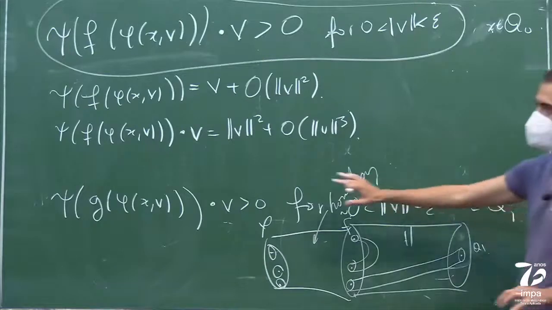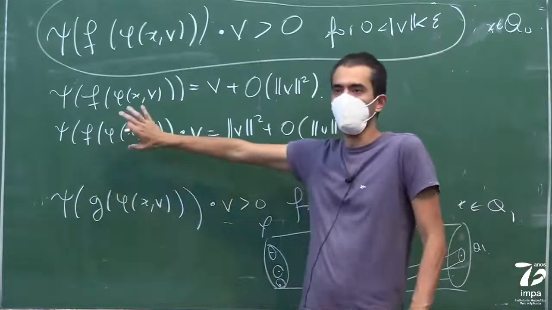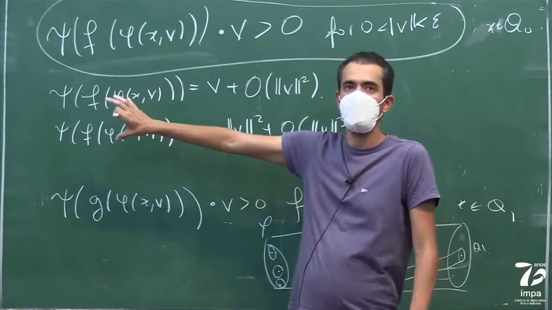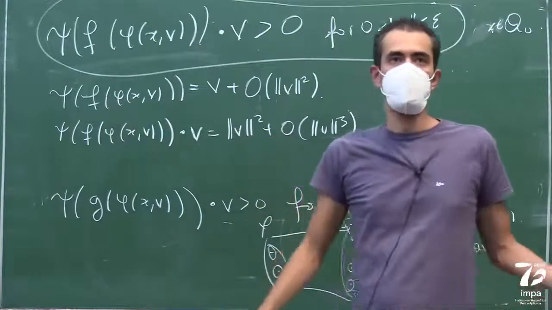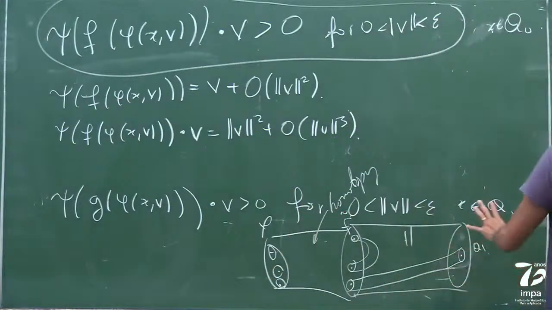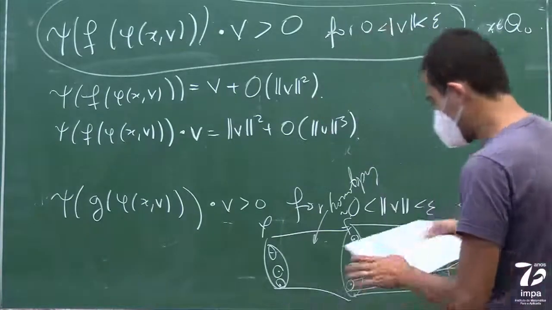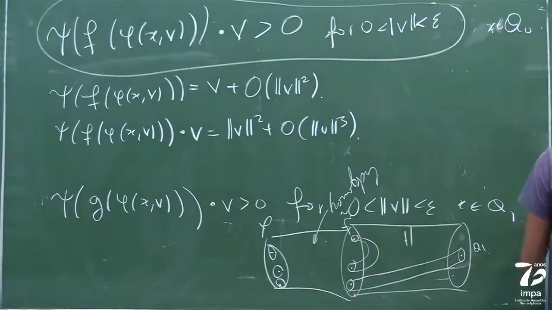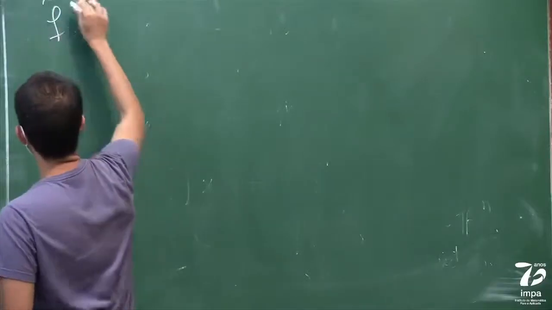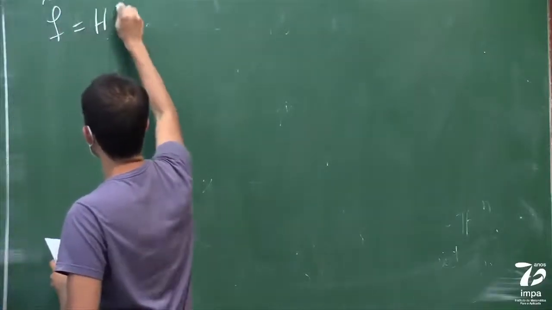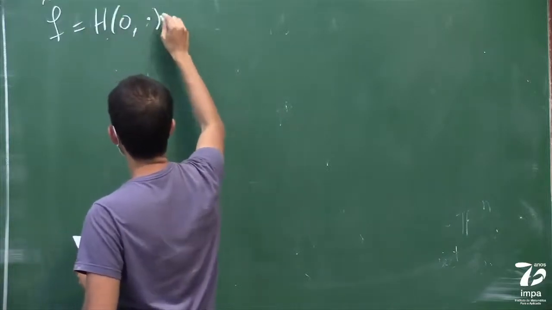So we can ignore G for the rest of the proof because we're just going to work with f and f tilde. And the same thing works for G and G tilde. So remember the way that f tilde was defined. f tilde was just defined as h of 0 dot.